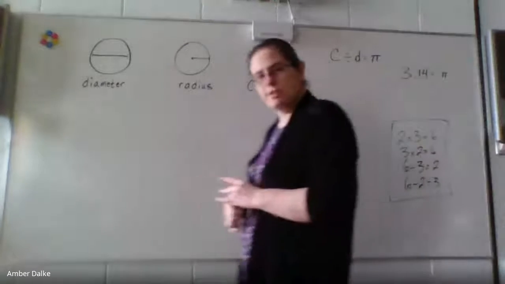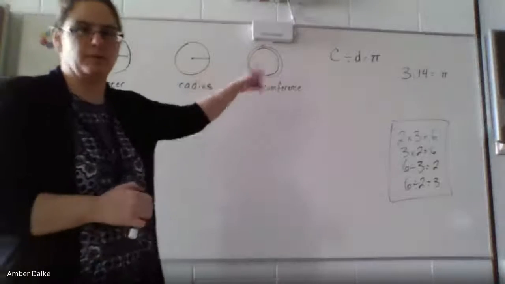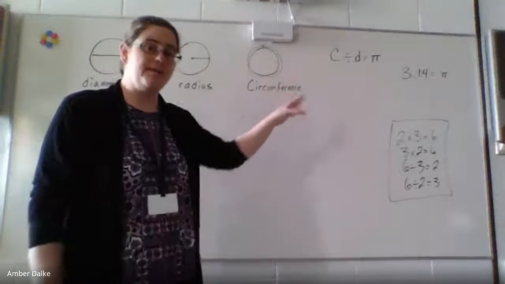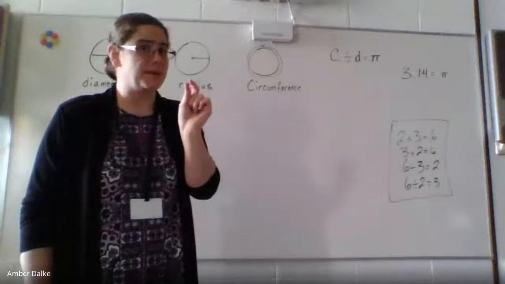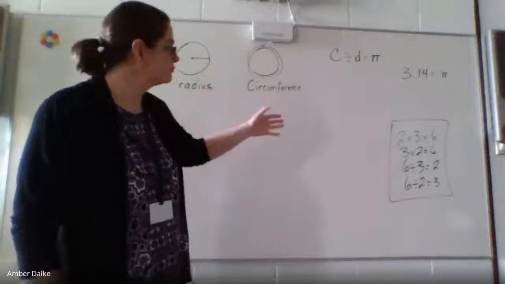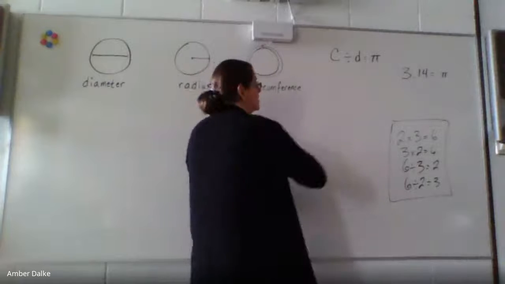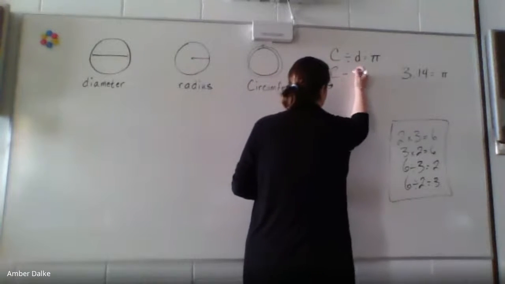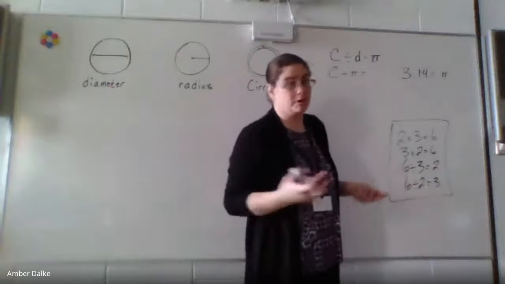Okay. Now the cool thing about this circumference divided by diameter equals pi is that this is also a fact family, although the numbers in it are a little bit more complicated. So we can rearrange this the same way. Just like circumference divided by diameter gives us pi, if we take circumference and divide by pi, we get diameter.